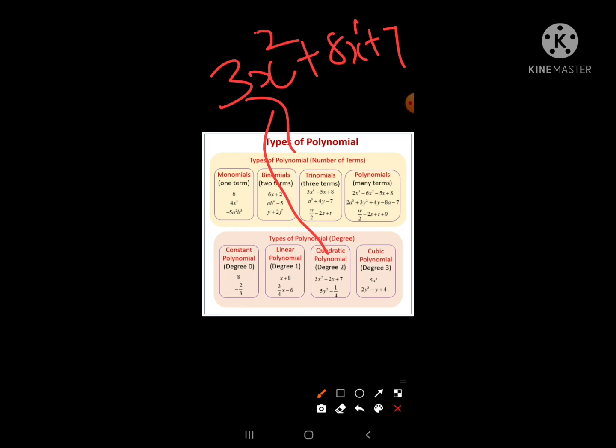Is it linear or quadratic? Don't get confused. The degree we always take is the highest. Here one term has degree 1 and another has degree 2. Of course 2 is greater, so we take 2. So the polynomial whose degree is 2, we call quadratic. We always look at the highest power.